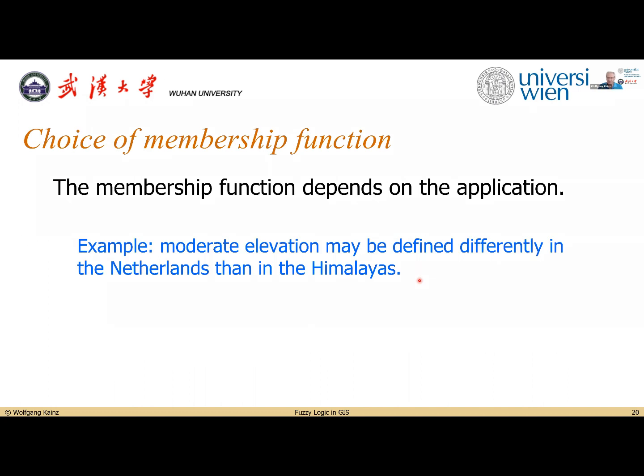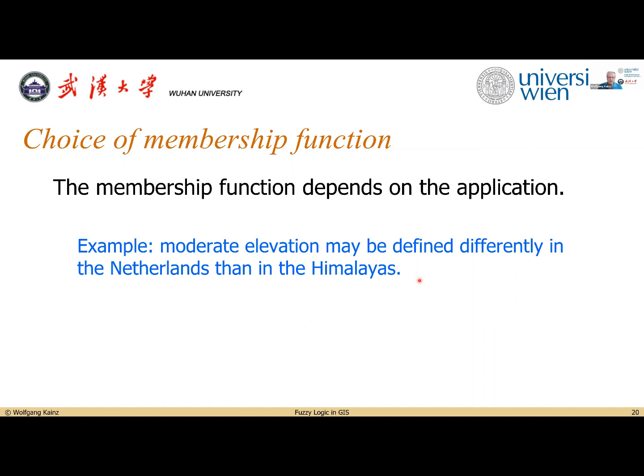So the membership function depends on the application. If we say moderate elevation, we saw in our example from the Boulder area that moderate elevation there is an elevation between maybe 1500 and 2000 meters, because the city itself is already at an elevation of 1600 meters.